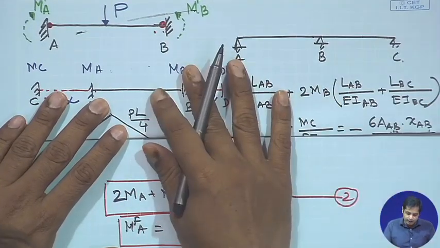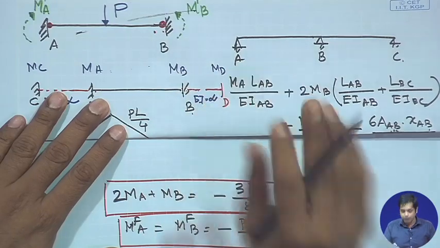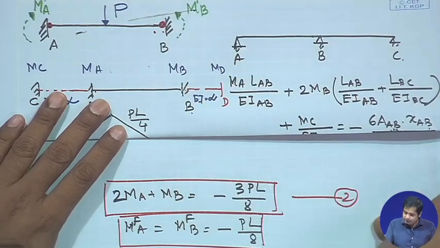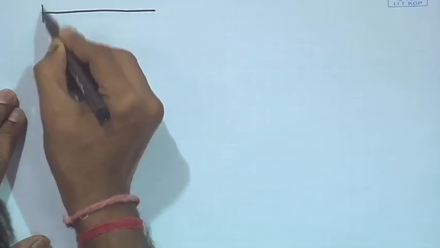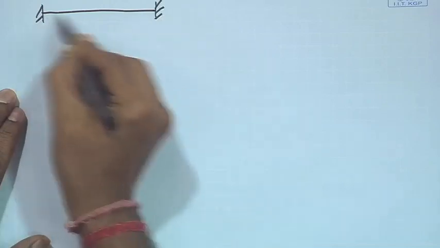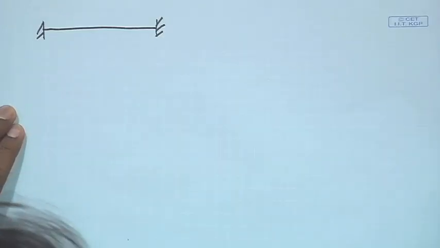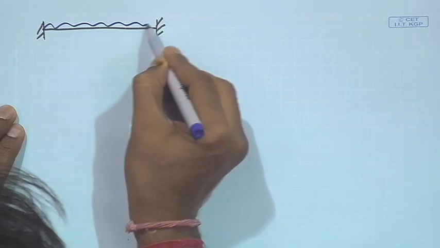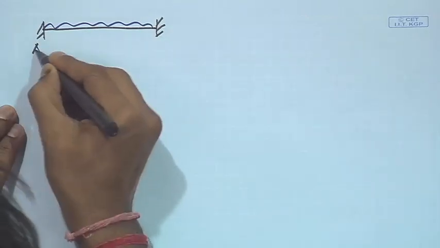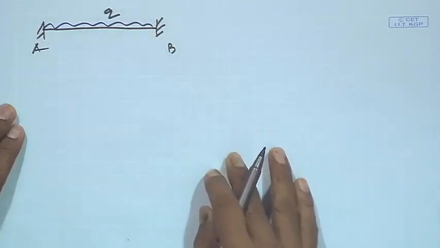Okay. Now, let us do a similar exercise for another case. This time we take the same structure, but fixed; your beam is always a fixed beam. Now it is subjected to a uniformly distributed load q. This is A and this is B, and again we can apply the three moment equation.